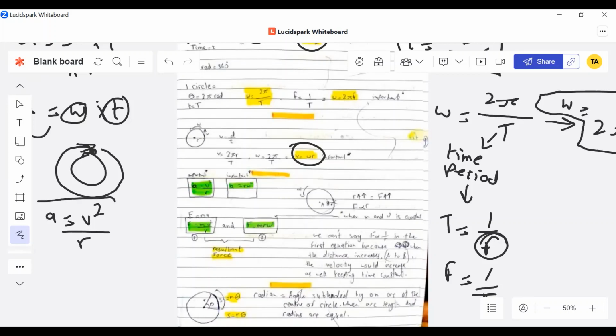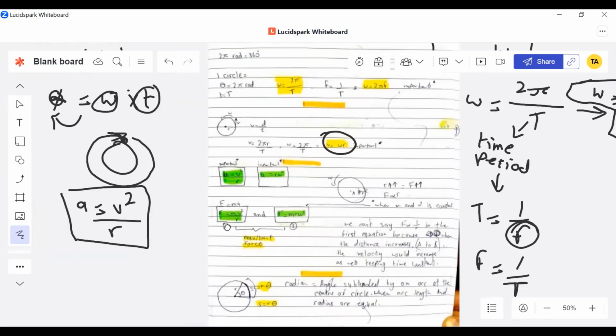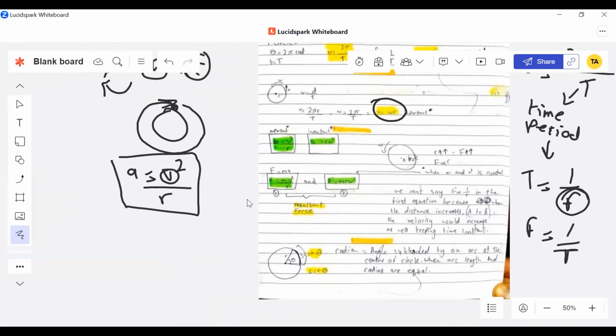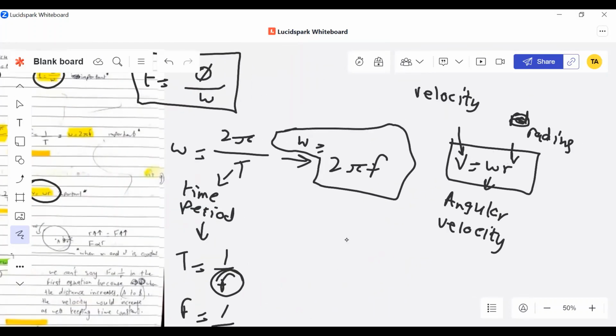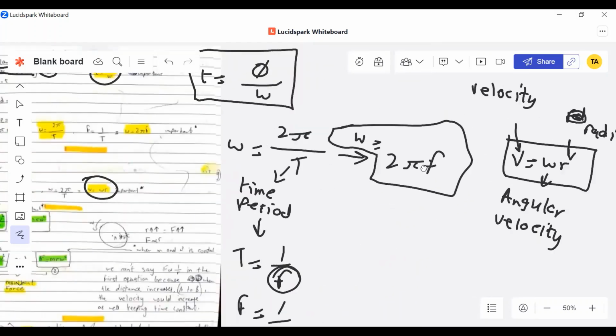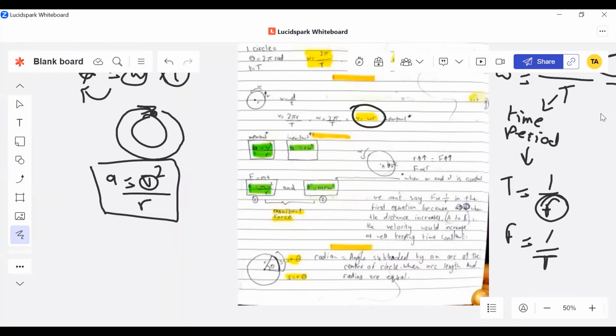This part right here is also very important, which states that acceleration is velocity squared over radius. This is another important formula you need to know. And velocity, I know, is r omega, right? So instead of writing V squared, I can write A equals omega r whole squared over r, because V is omega r.